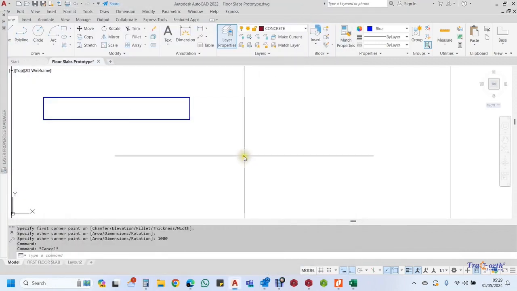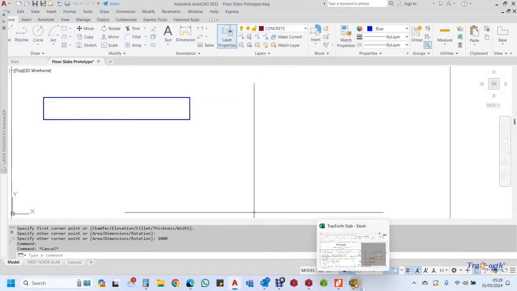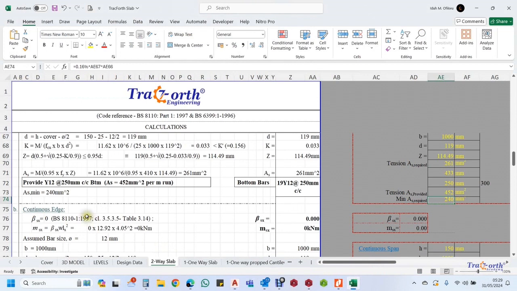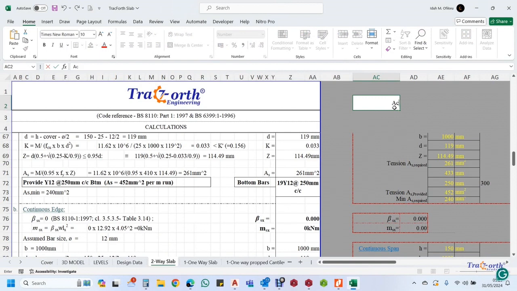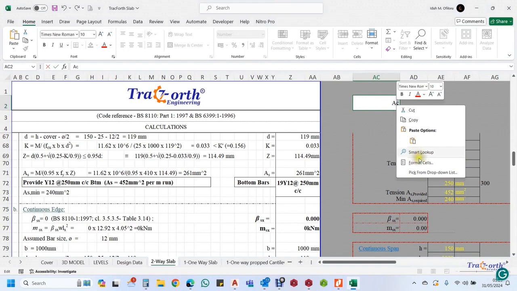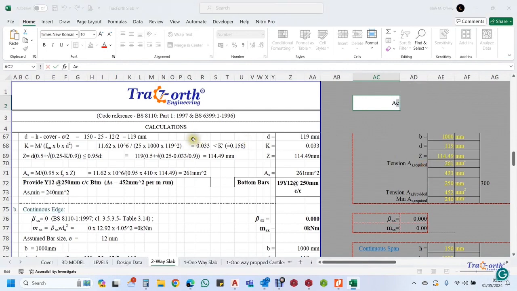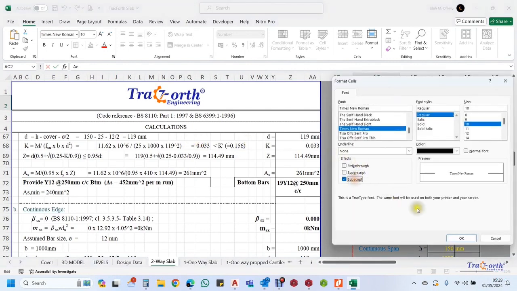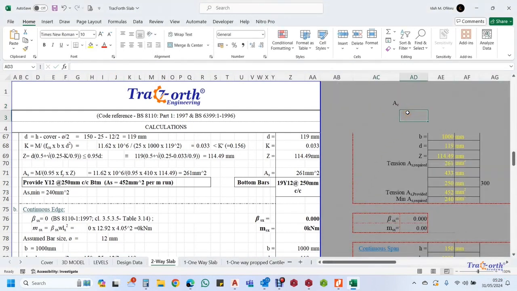And I want to believe that that is clear. So the minimum area is 0.16% of Ac, the area of the concrete of that particular section. So if it is 200, it will change. If the area of that section is 300, it will change.